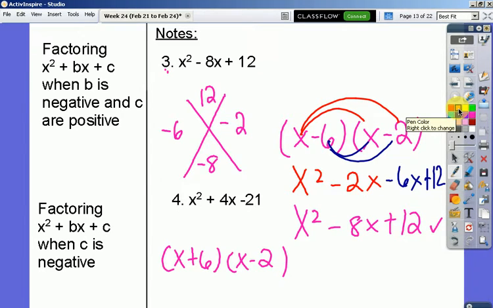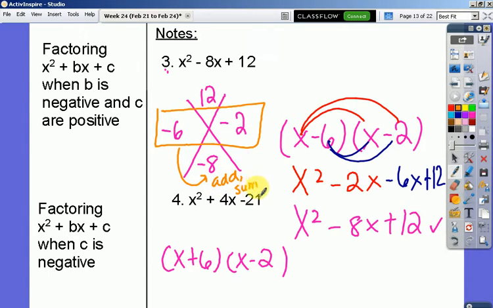Others of you will say, I don't really need it, and that's fine. But others of you, it will help the visual. The negative 6 and the negative 2, these two central terms of this x, have to be related to this negative 8, and they have to sum to negative 8, and they have to multiply to be the product of 12.